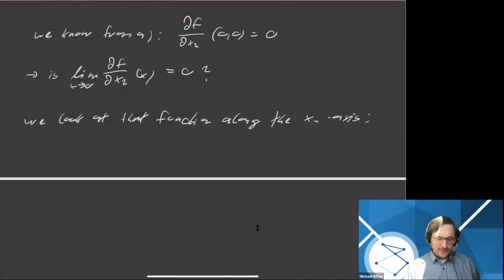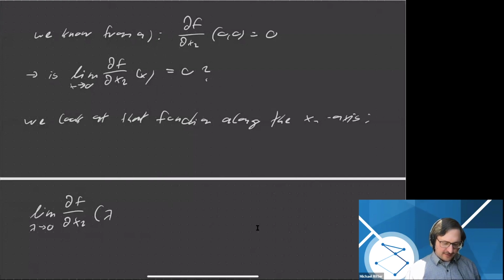And that means I'm again taking a limit of lambda to 0 of df/dx2 along the x1 axis. So I'm moving my line in that first direction only, and the second direction stays at 0. So I'm computing this limit here. Let's substitute the expression that we computed above.